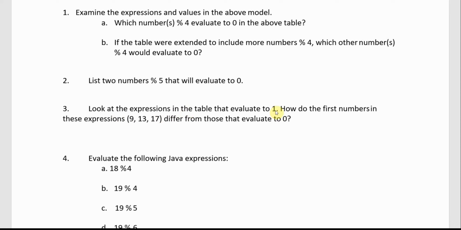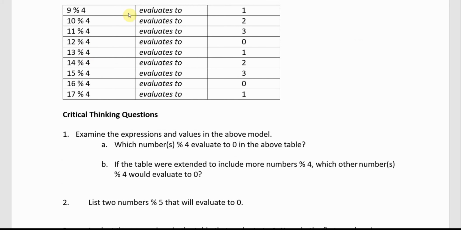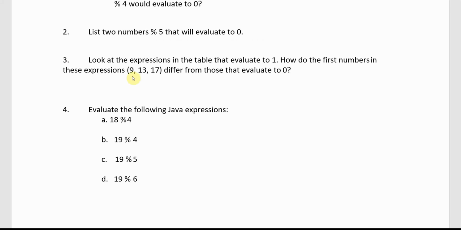If the remainder is 1, in the table we have a 9, a 13, and a 17. All three of these numbers are 1 more than a number that is evenly divisible by 4.